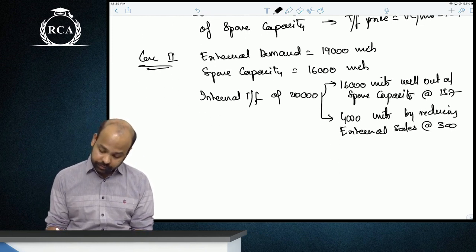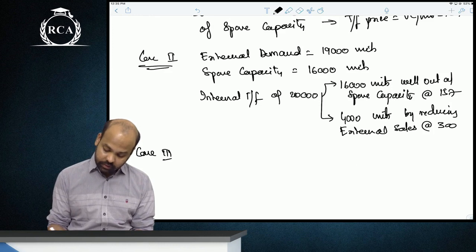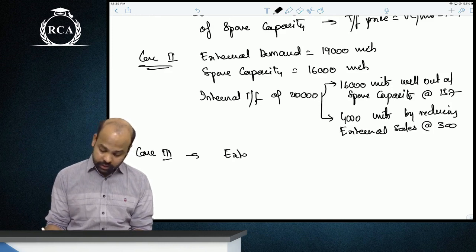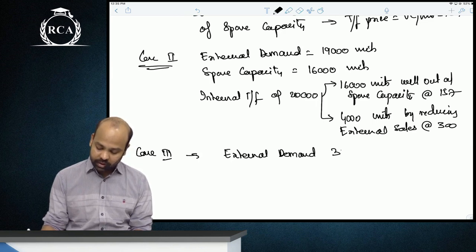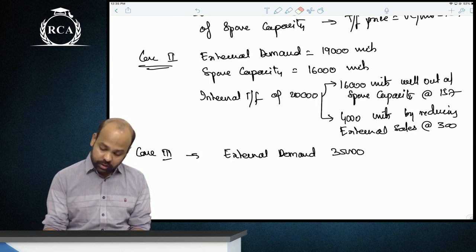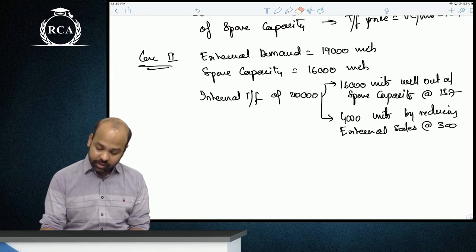Understood, sir? Case 3, guys. External demand is 35,000 units. There is no spare capacity. Oh, I'm so sorry, I have to write the average transfer price also.